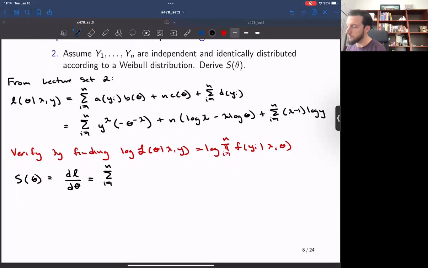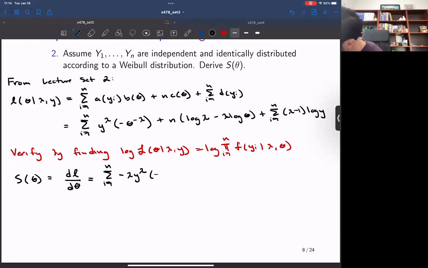Starting with the first term, which is already kind of a pain, we have y to the lambda times theta to the negative lambda, and we're taking the derivative with respect to theta.